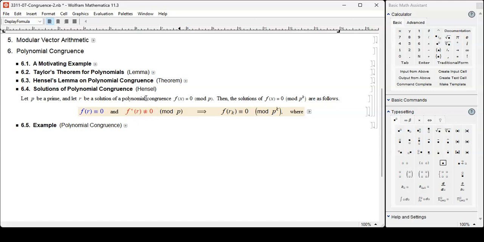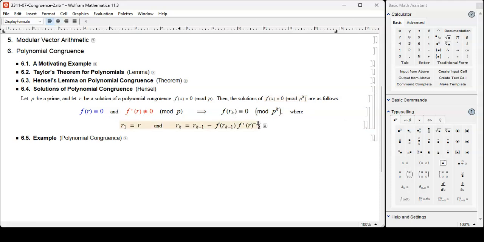And under this new condition, the solution for mod p to the k power, which we name as r_k, can be obtained recursively like this. r_k is r_(k-1) minus f of r_(k-1) times f prime of r inverse. This f prime of r is non-zero mod p, and p is prime, therefore f prime of r and p are relatively prime. Consequently, we have a multiplicative inverse.